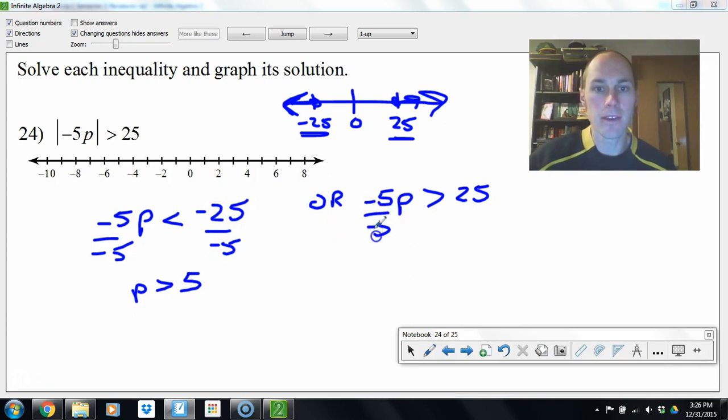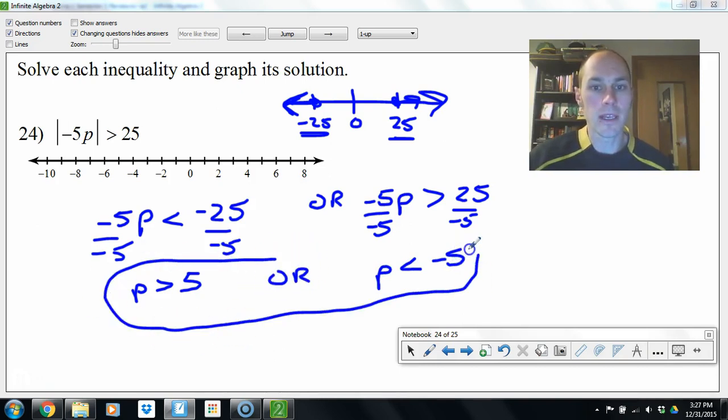And divide by a negative here. I'm going to flip my sign as well. So p will be less than negative 5. So p is greater than 5, or p is less than negative 5. So those are empty circles. Greater than 5, less than negative 5. It should look like that.